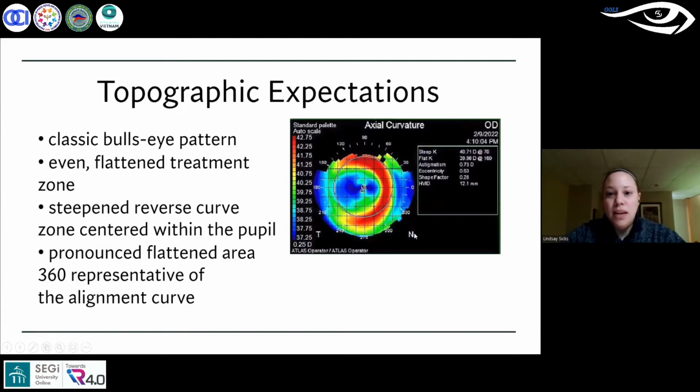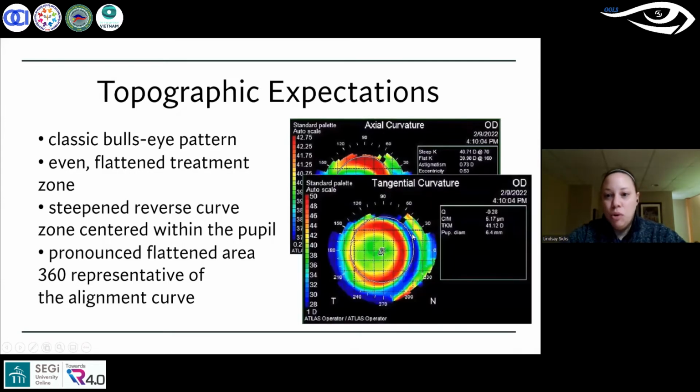So this would be an axial map of a patient, and you can see the relative steepening and the central flattening, but it's a lot more pronounced in the tangential map. And the reason for that is just the way a tangential map works. It gives us a more exact assessment of what's going on at each part of the cornea.